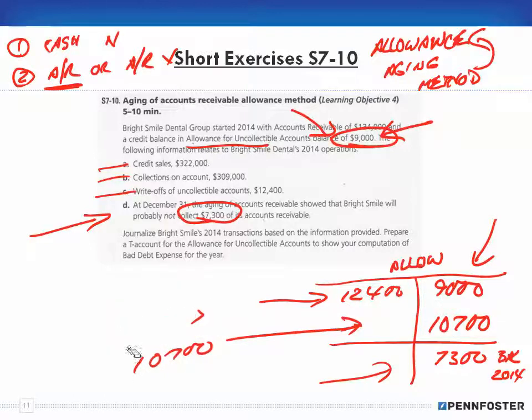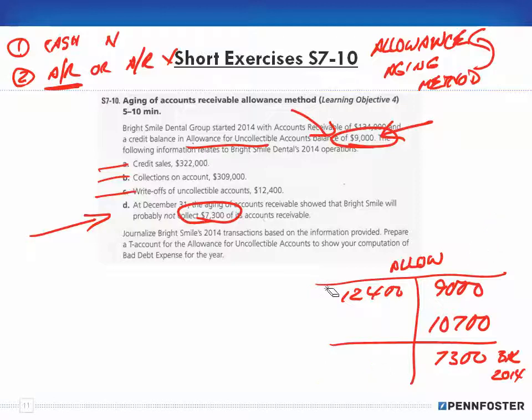Okay, and again, this is the way this account always works. It's always going to have this cycle. I call it a running balance, but maybe I should start calling it a cycle, where I do my estimate and that becomes my new beginning balance.